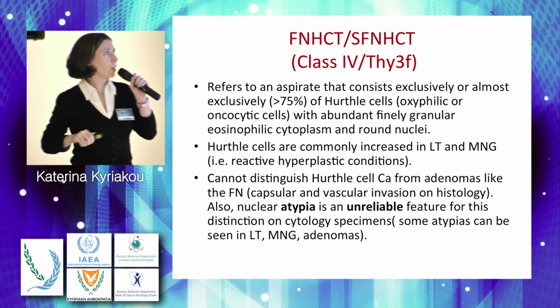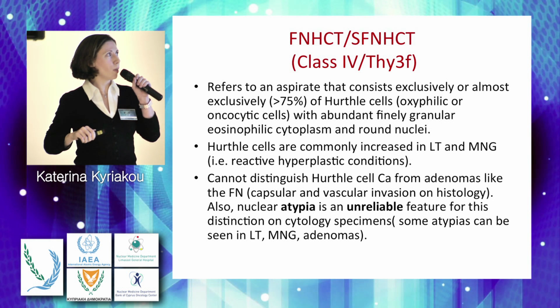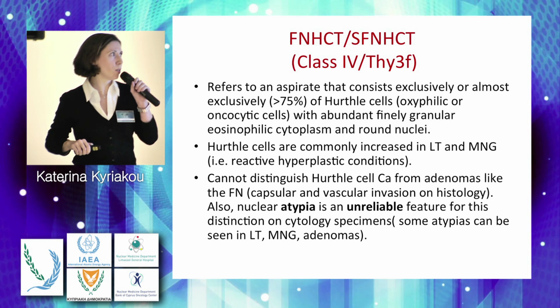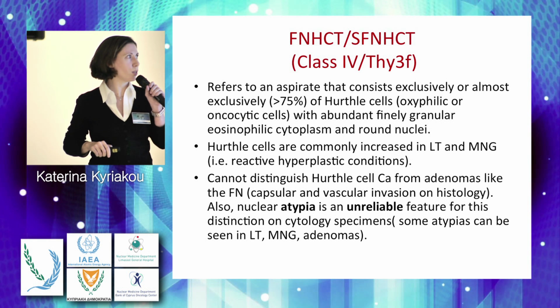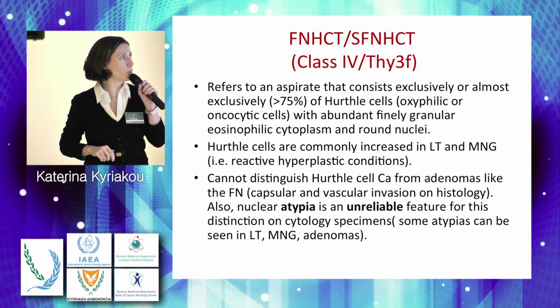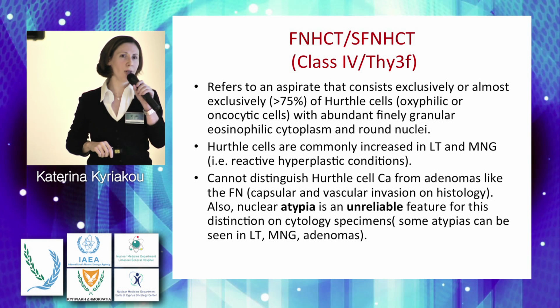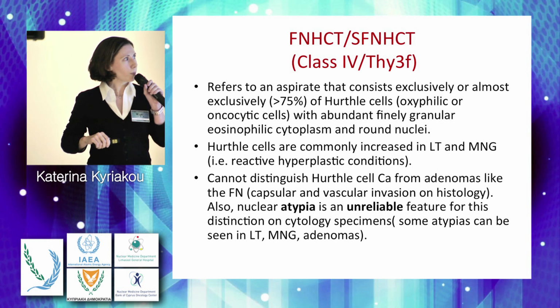The next neoplasm that still belongs to class 4 or 3F is the follicular neoplasm, Hurthle cell type, and it refers to an aspirate that consists almost exclusively of Hurthle cells, more than 75% of the population. The Hurthle cells are metaplastic follicular cells with abundant, finely granular eosinophilic cytoplasm.